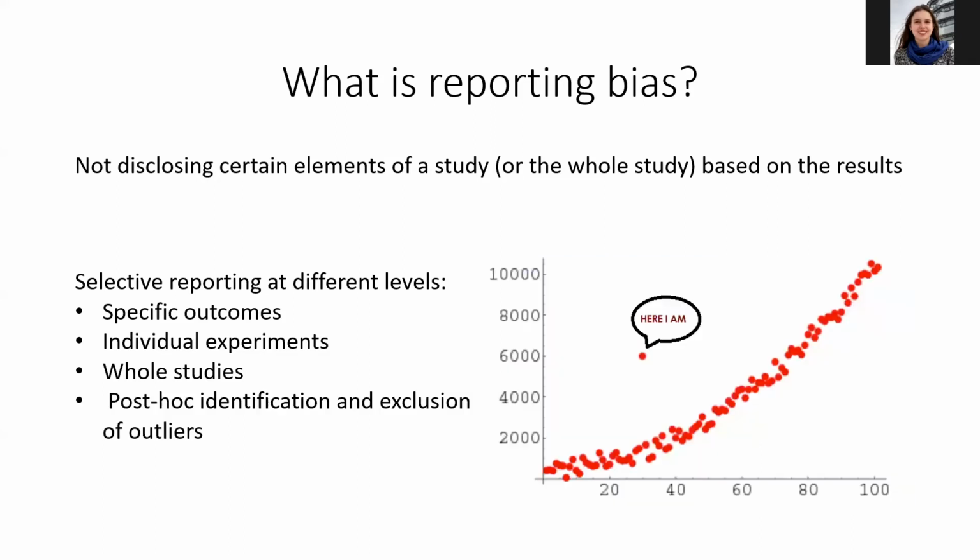And at the level of analysis, we could also cite the exclusion of outliers without using criteria that were previously defined. So when you look at your data and say that there's a certain data point that has a value that is too high or too low for a given measure, and then you decide to remove it without previously defining if it would be too low or too high.